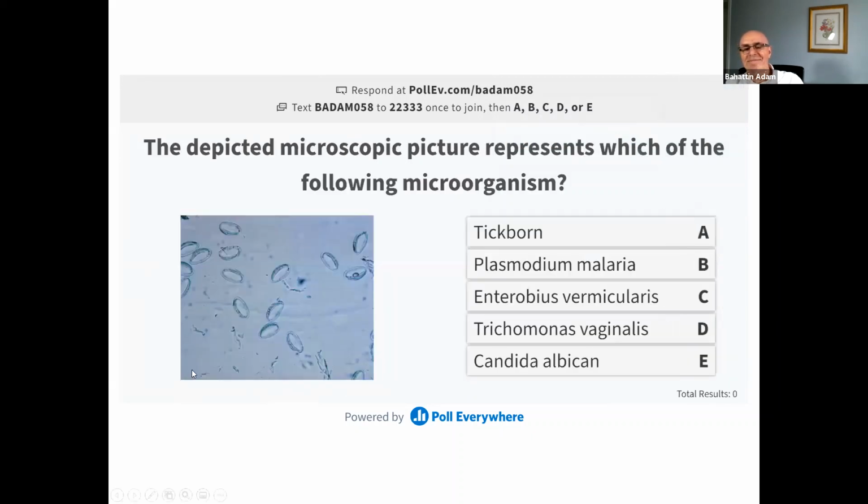Okay, last one. The depicted microscopic picture represents which of the following microorganisms? Tick-borne, Plasmodium malaria, Enterobius vermicularis, Trichomonas vaginalis, Candida albicans. The egg of which of the following? Okay, let's see.